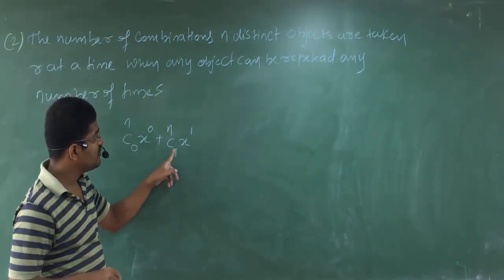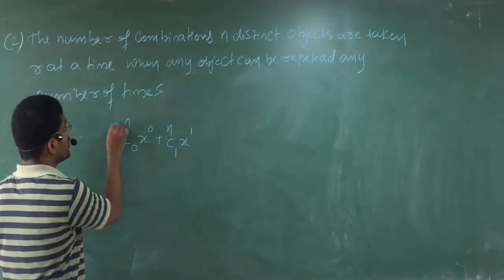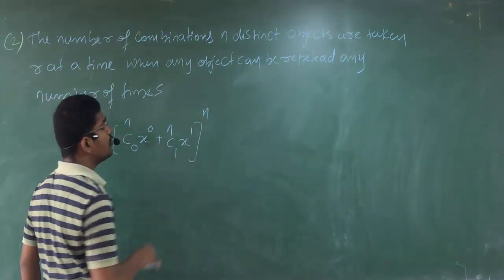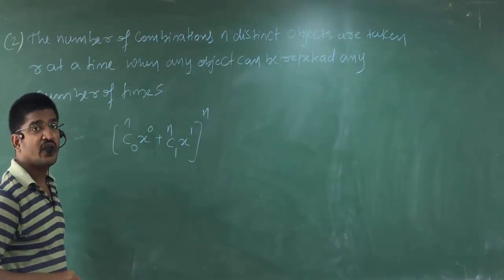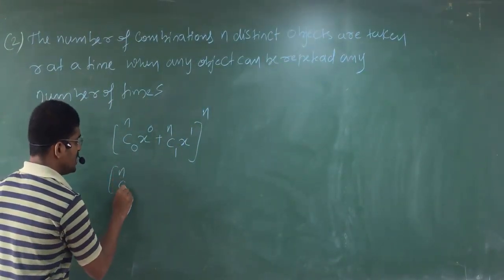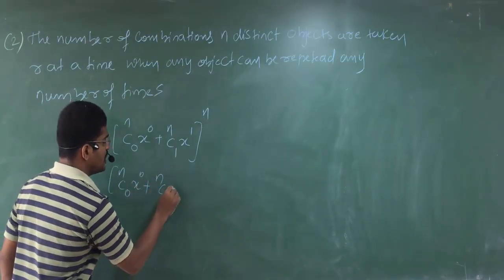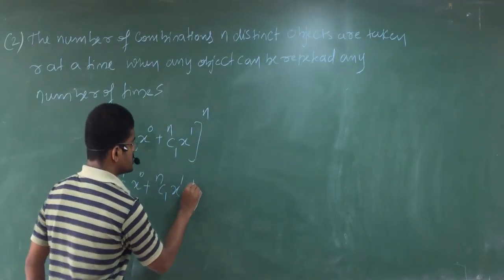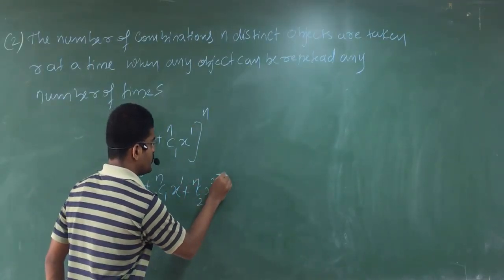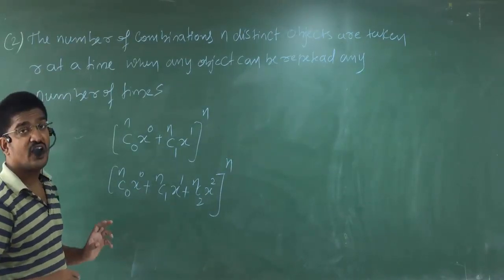This can be repeated for these many number of times. In total these can be repeated for n number of times. Are you getting my point? Next, nC0 x to the power of 0 plus nC1 x to the power of 1 plus nC2 x to the power of 2. This can be repeated for n times. Are you getting my point?